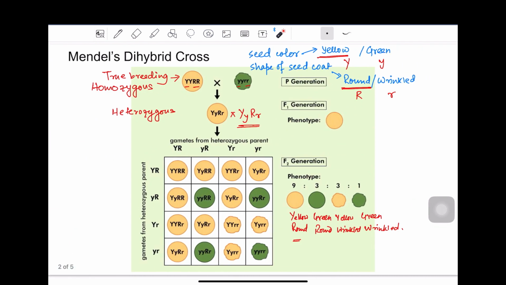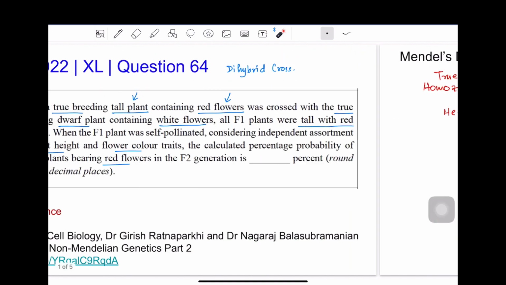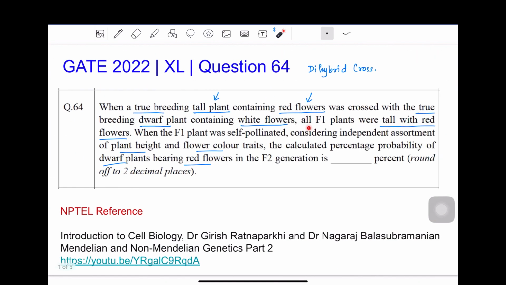So considering Mendel's dihybrid cross, what would we see in the F1 generation? In the F1 generation, we saw only the dominant phenotypes, which was yellow and round. So whatever characters we see in the F1 generation will be the dominant characters. Therefore, in the F1 plants here, we see tall and red flowers.